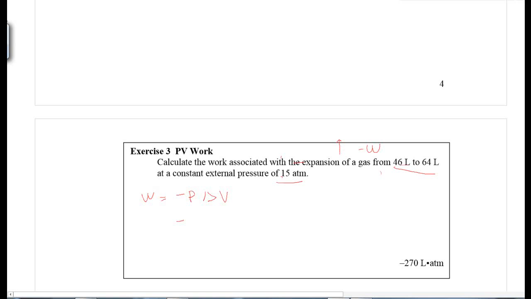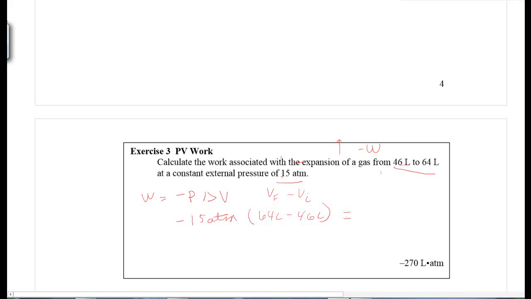The pressure is 15 atm, and the change in volume is volume final minus volume initial, so it's 64 liters minus 46 liters.